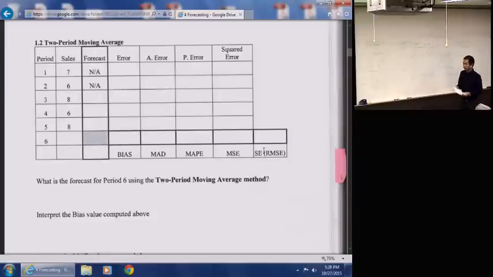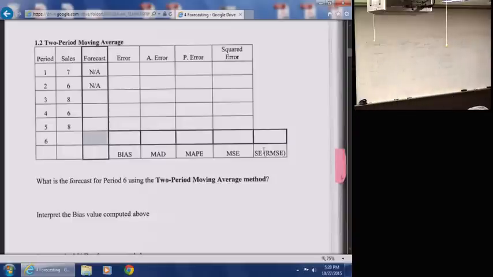So it tends to underestimate, because the average of all the errors is positive. A positive bias means you tend to have positive errors, and positive errors mean underestimation. Therefore, bias equal to 0.5 means a minor underestimation.